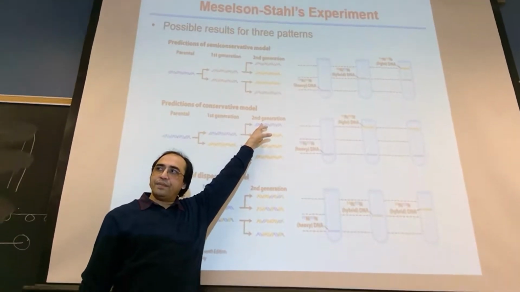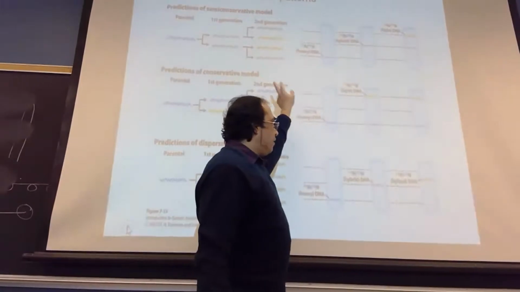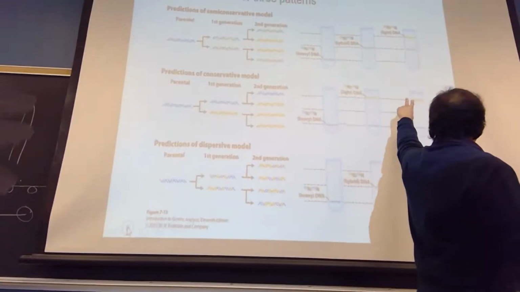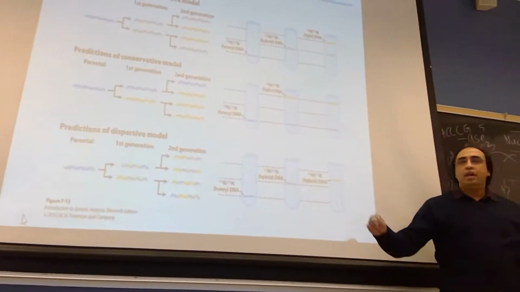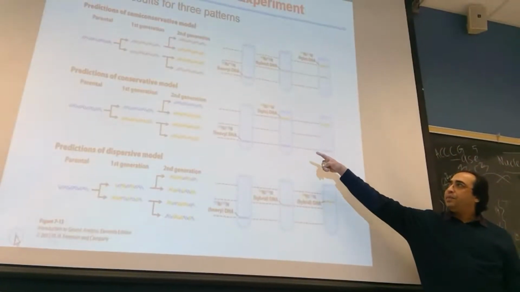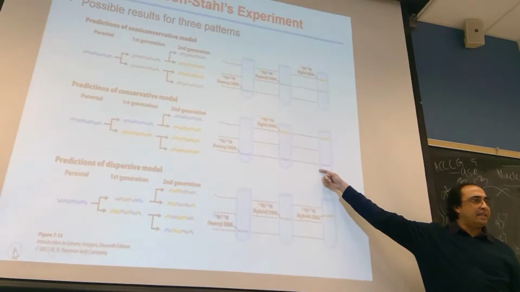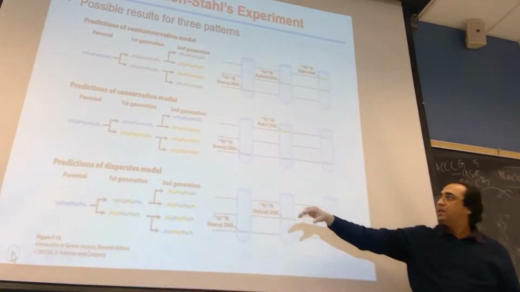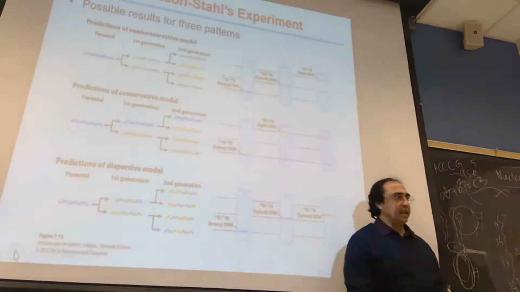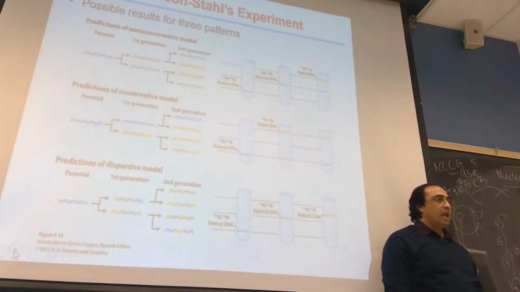After 2 cycles. In such case, if I centrifuge that one, I'll find this kind of banding pattern. Okay. So one 15N band, because 15N is very little here, and the 14N band is a little bit thicker because 3 14N DNAs are there. If it is conservative.